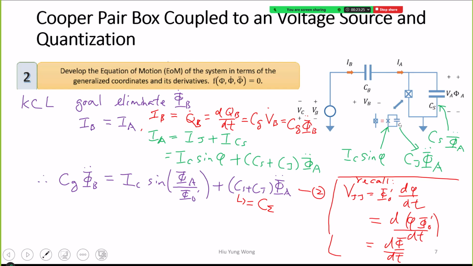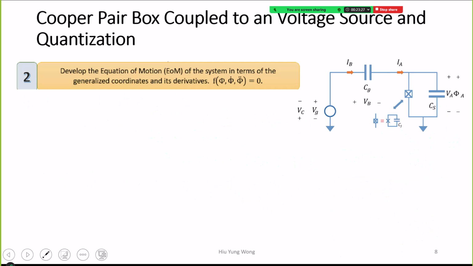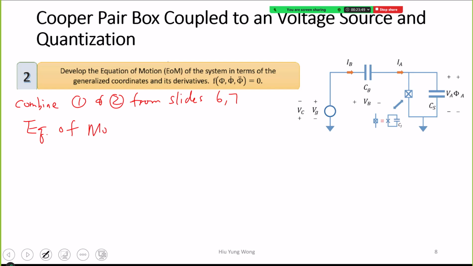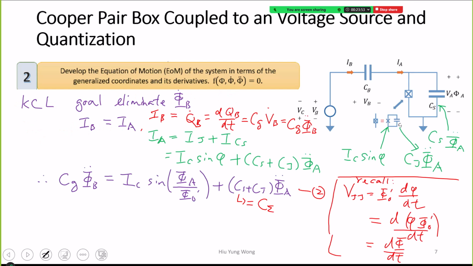Right? So how do we relate it? Then we say, combine equation 1 and 2 from the slides, should be 6 and 7, right? Then we get the equation of motion. Let's look at this.